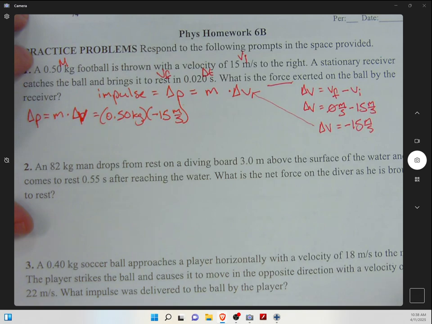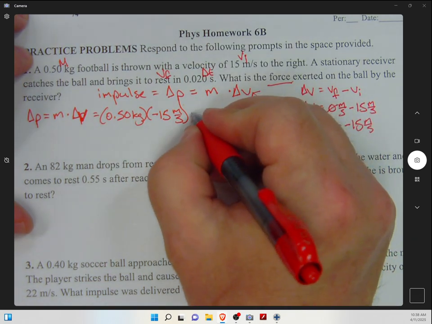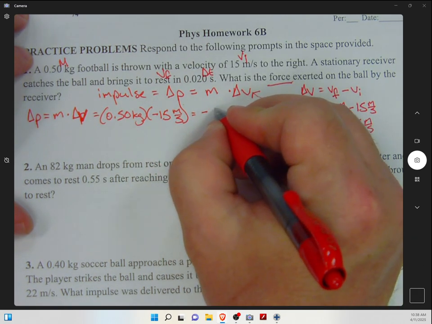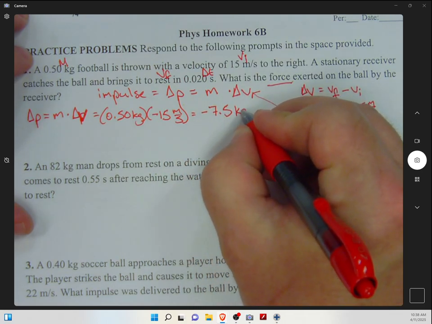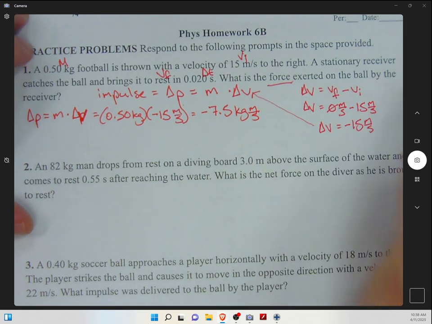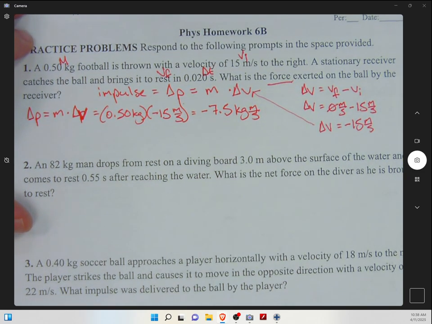And so my change in momentum is going to be negative 7.5 kilograms meters per second. So I've just calculated a change in momentum. That is not what the question is asking for.